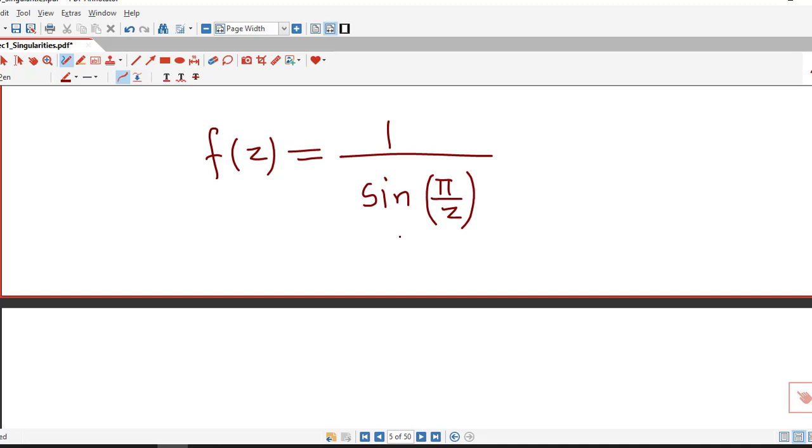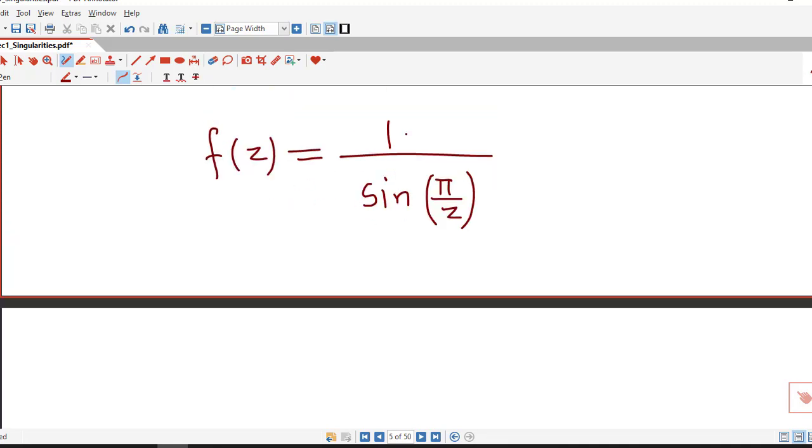We consider one more example. Suppose I consider f of z equal to 1 over sine pi by z.